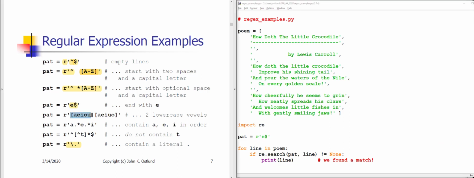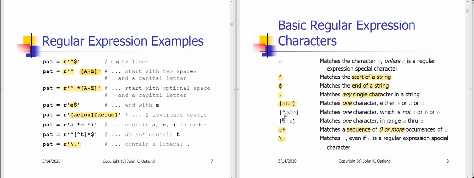In this next example, I'm using square brackets one after the other. So the first set of square brackets is going to match some lowercase vowel, either a little a or a little e or a little i or a little o or a little u. So that's this example here, that we're matching one of the specified characters that we've written between the square brackets.